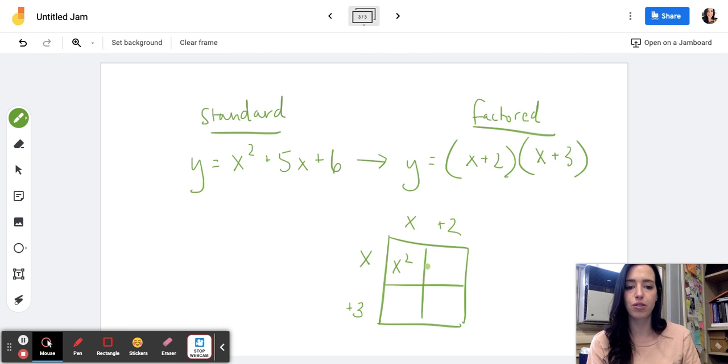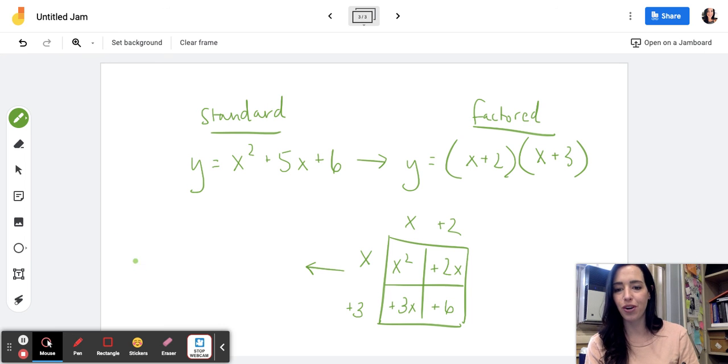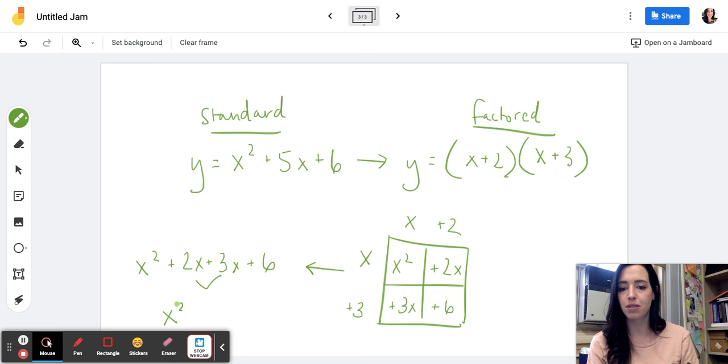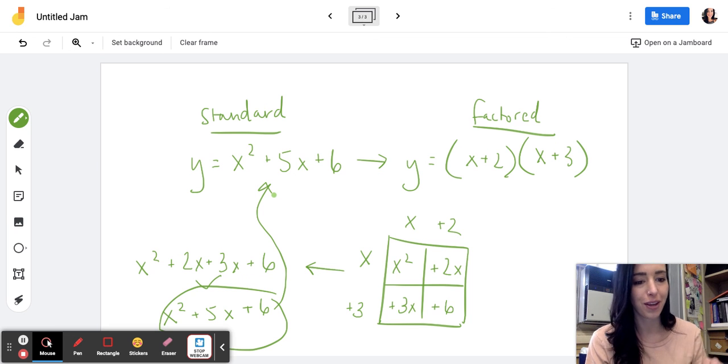When I multiply all of these out, and then put them in order like we did before last week, 2x, and combine like terms, bam, I ended up with what I started with. So now you guys can see how it all fits together.